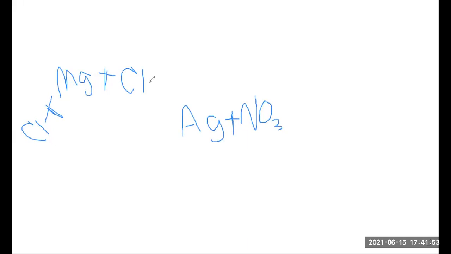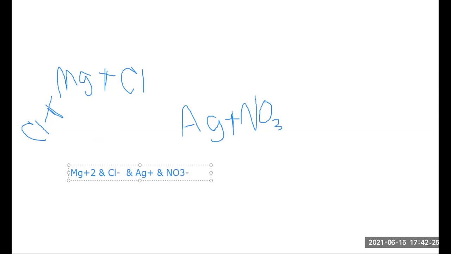So then down here we have Mg, I probably ought to capitalize my M, okay, which has a +2 charge on it. And we have some Cl minuses, 2 of them in fact. And we have a silver, which has a plus. And we have an NO3 minus.